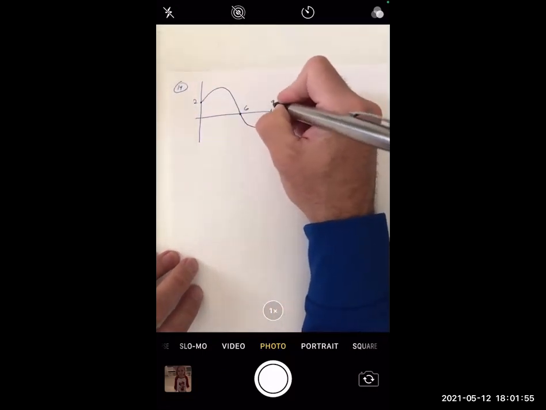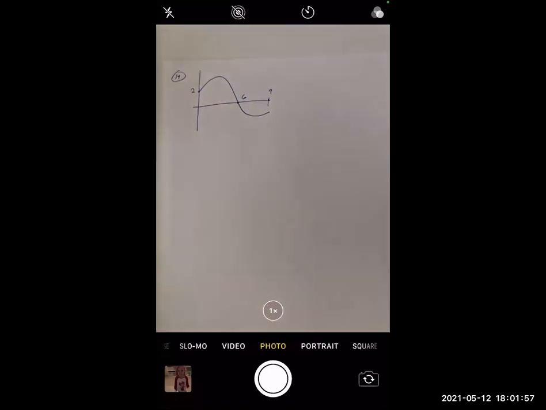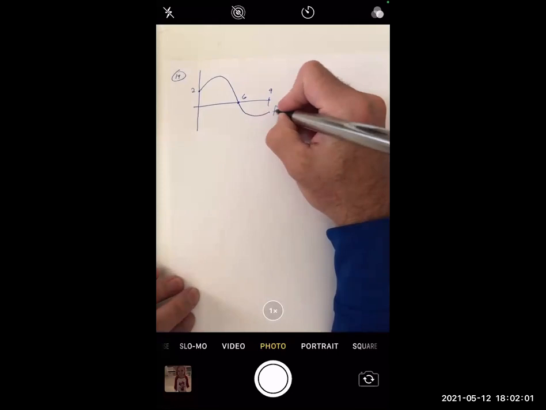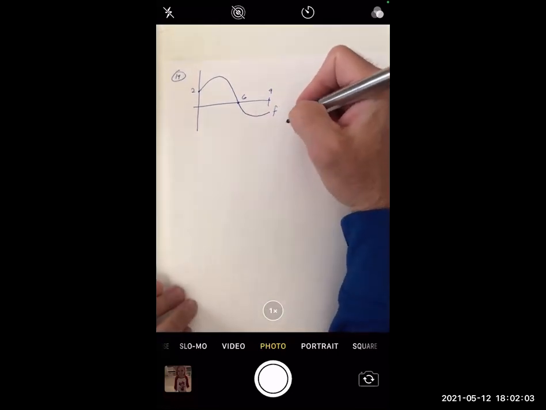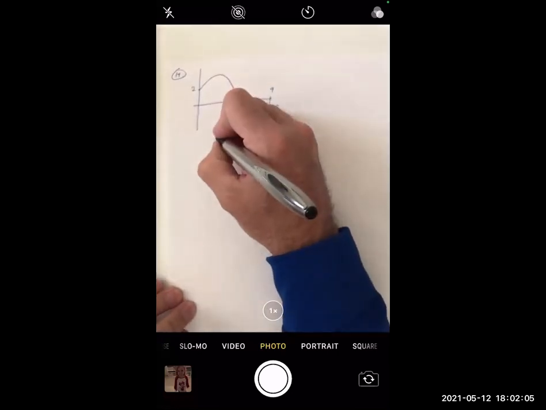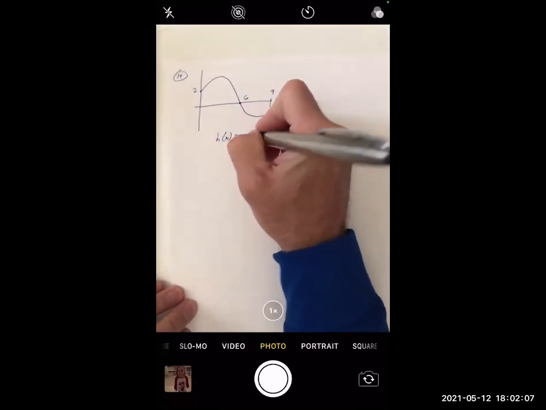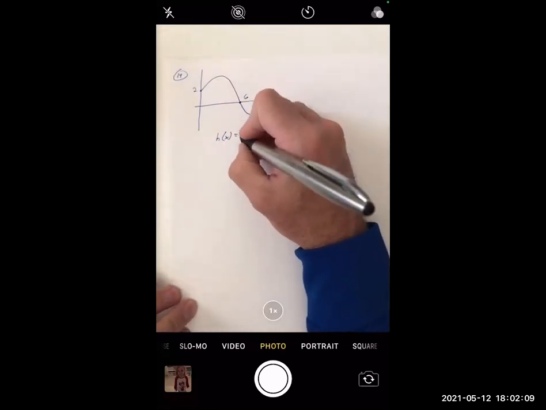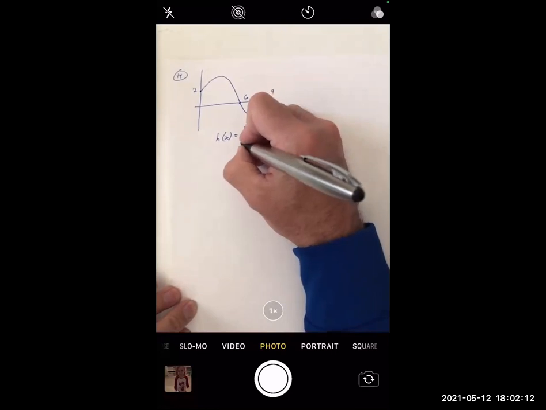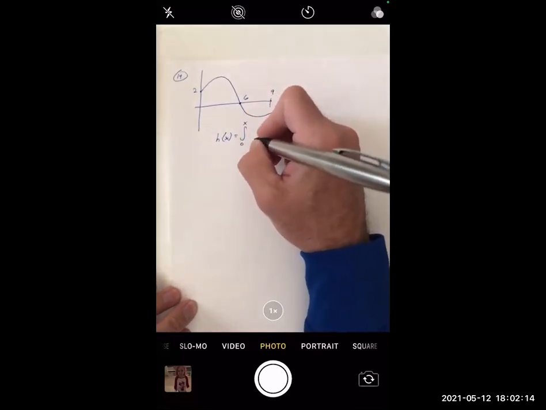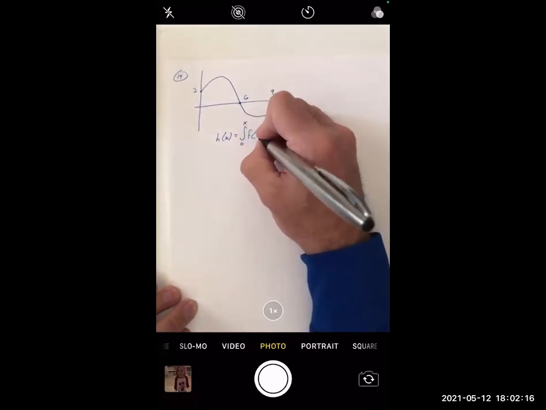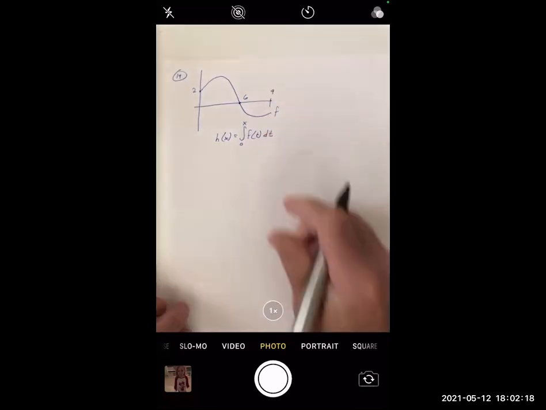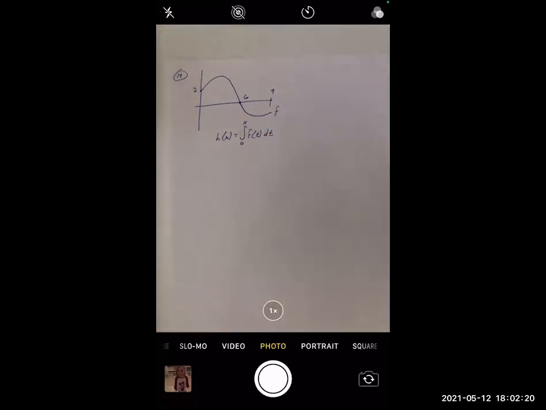This is 9. Okay, so this was the graph of f. And you're given that h of x is equal to the integral from 0 to x of f of t dt, and then which of the following is true.